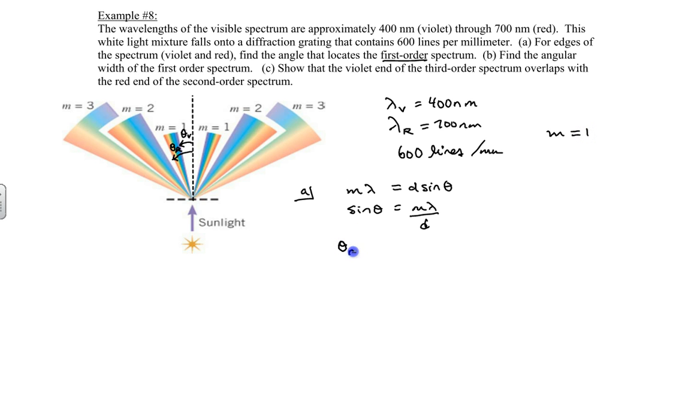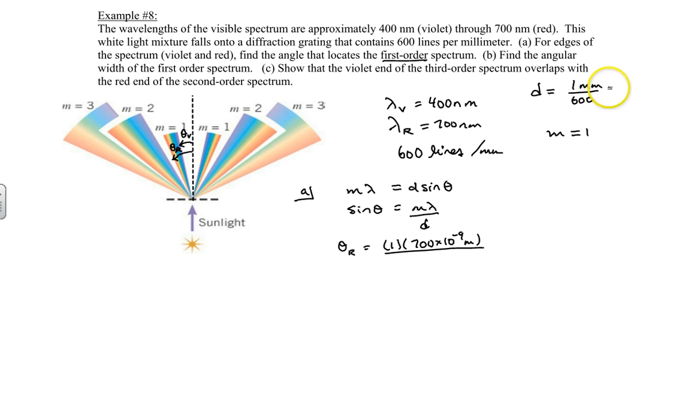So for theta red, this would be 1 times 700 nanometers, that's 700 times 10 to the power of -9 meters, divided by the distance between the slits. Oh, we have to find that yet. So we have 600 lines per millimeter. d would be 1 millimeter all over 600.